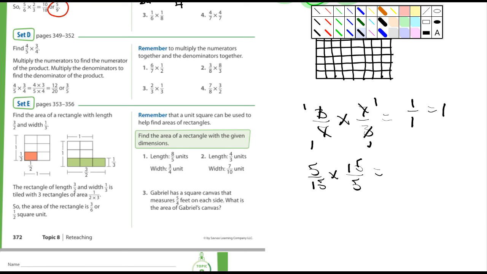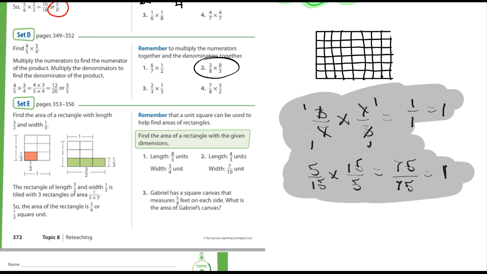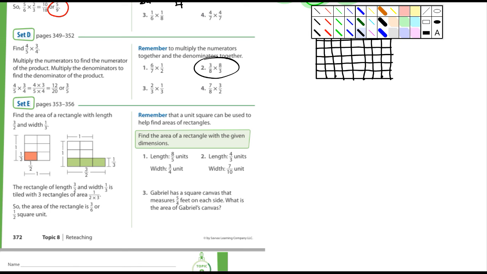What is 5 times 15? 2 times 15 is 30, so that's 60, so 75. And 15 times 5 is also 75. Well, anytime you have a number over itself, guess what? The answer is 1. So this is multiplying a fraction by its reciprocal. And I don't know if they've ever used that word in Chapter 8. But there you go. I taught you something that they didn't. Okay, anyways. So do set D.